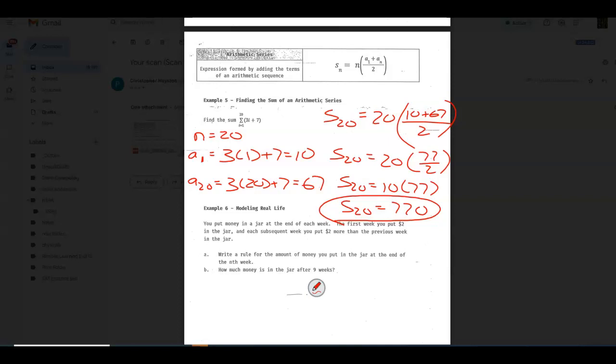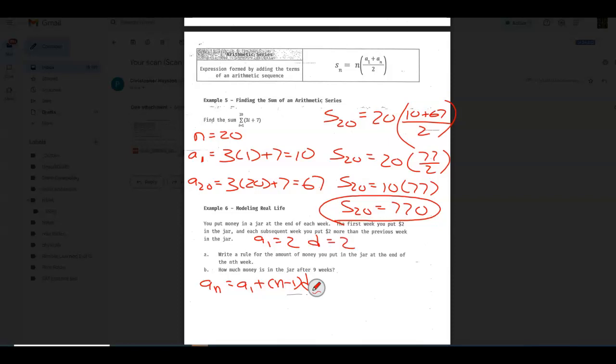Down here for your money, we first need the rule for the nth week, and then we want the sum after 9 weeks. So for the nth week, we're still doing a_n equals a_1 plus n minus 1 times d. My a_1 term is 2, and each week I put $2 more in, so my d is 2.